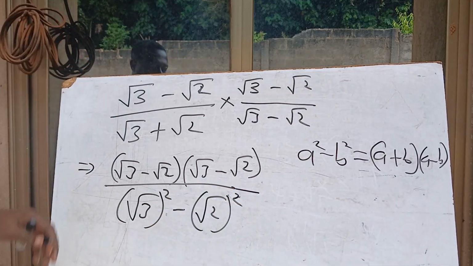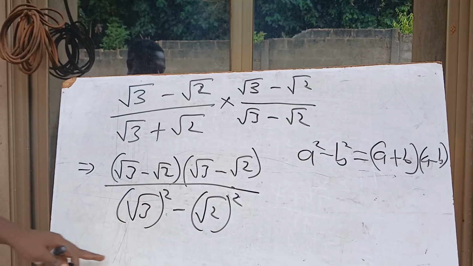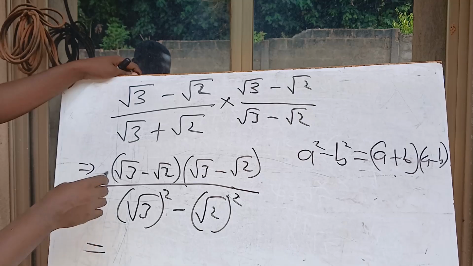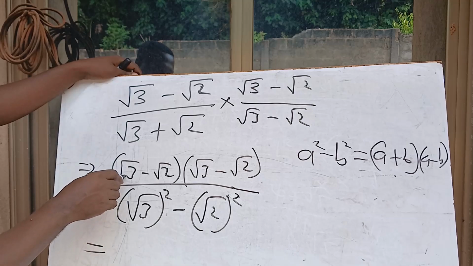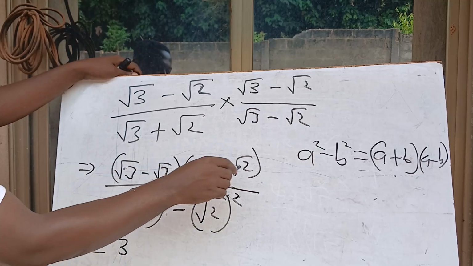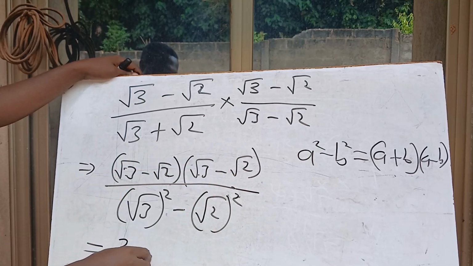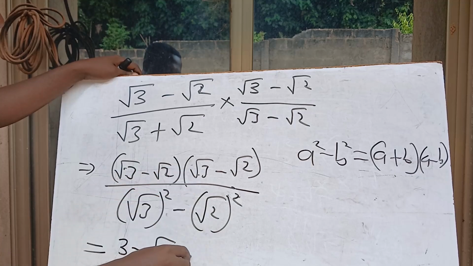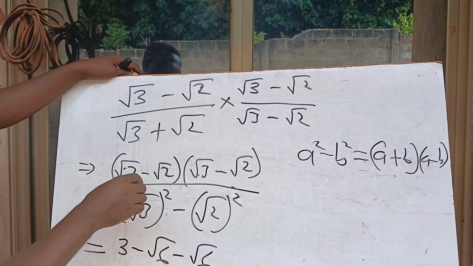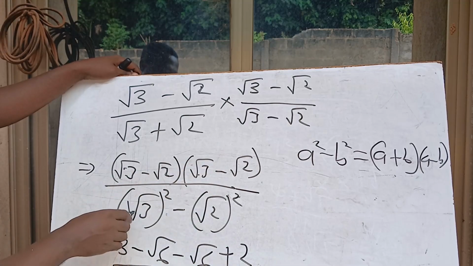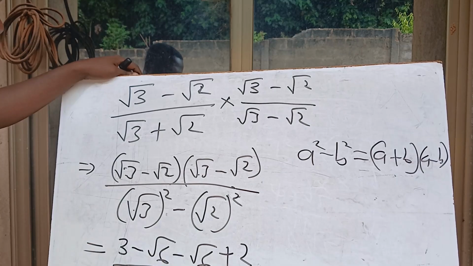So from here, this one will go, this one also goes. So this side will be 3, and this time that will be minus with 6, so minus with 6, minus is plus, so 2. So this side will be 3 minus 2.